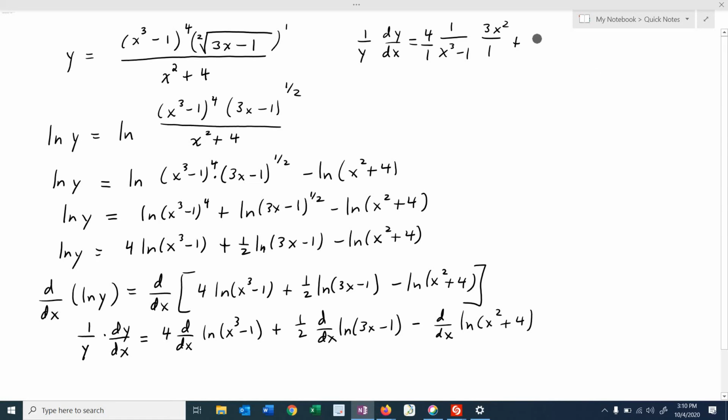So it's actually 1 over 3x minus 1. And then multiply that by the inner derivative, which would be the derivative of this function, which is just 3. And then all of that gets multiplied by the 1/2.